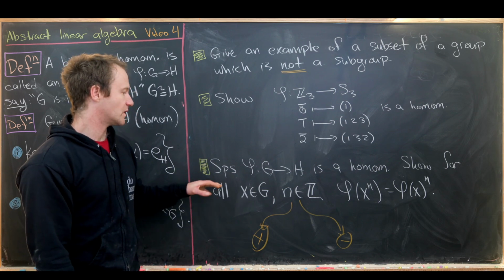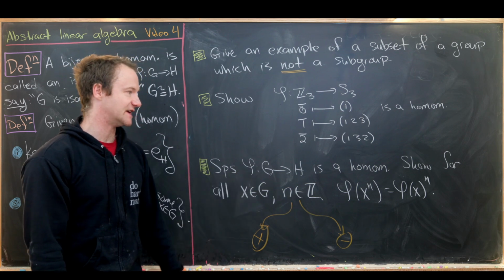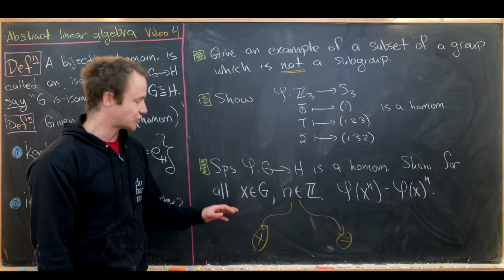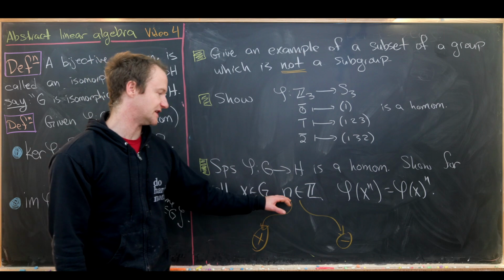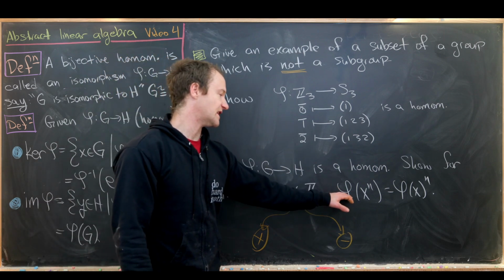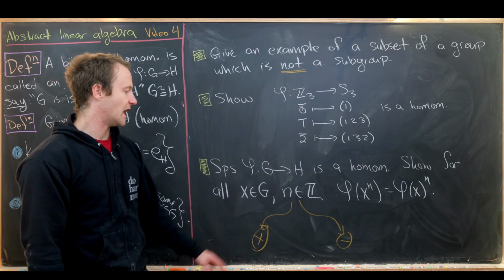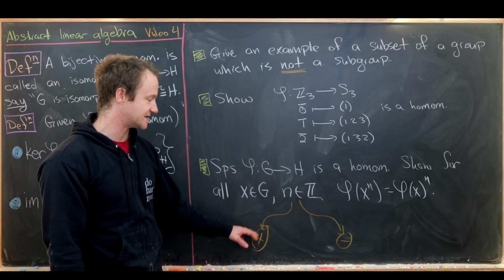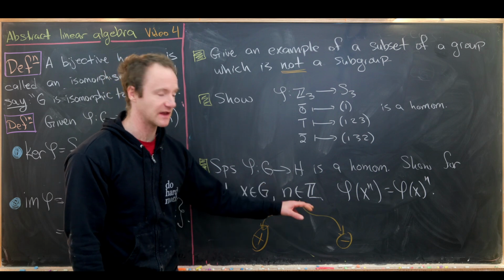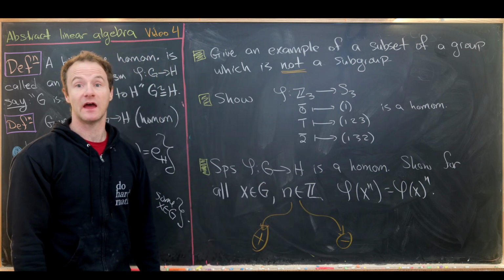Finally, we want to suppose that phi from G to H is a homomorphism, and then show that for all x in G and integers n, phi of x to the n is equal to phi of x, to the n. And you're really going to want to split this into two cases, the case when n is positive and the case when n is negative. And that's a good place to stop.